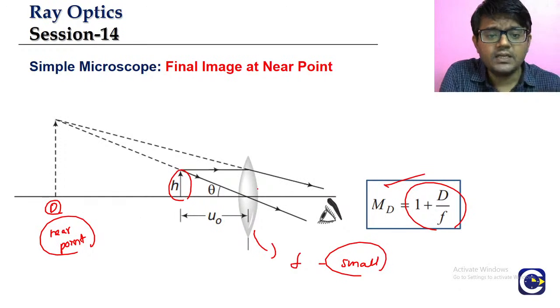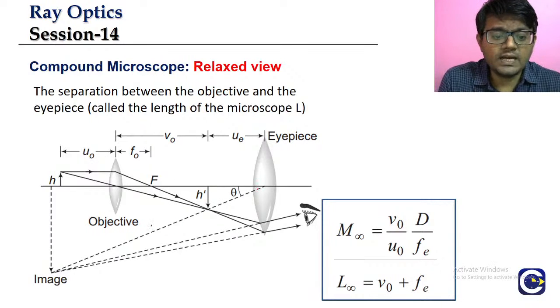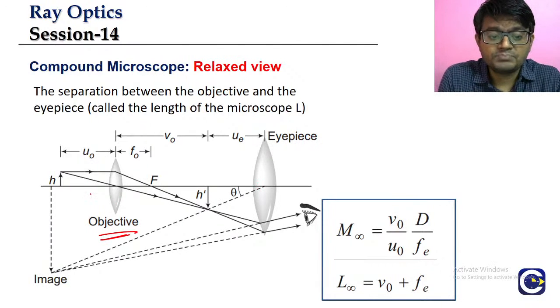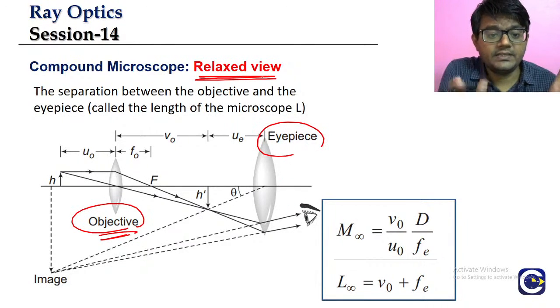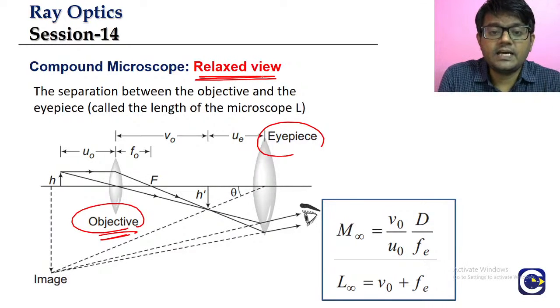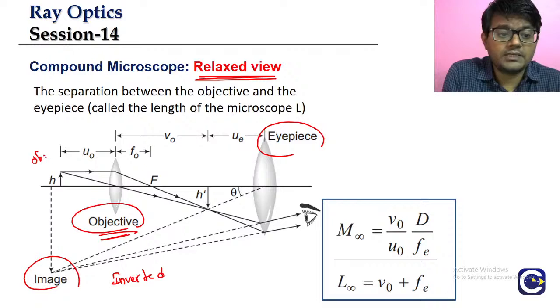To avoid it, we take a combination of two lenses. One lens, which we keep close to the object, is called the objective. The other is the eyepiece. The arrangement is such that the final image is inverted with respect to the original object.